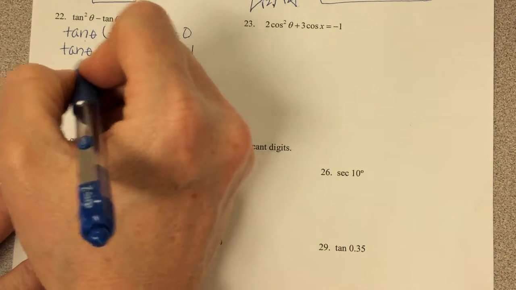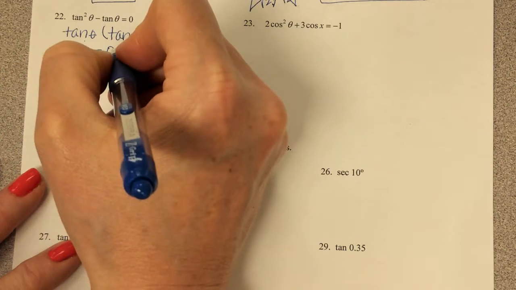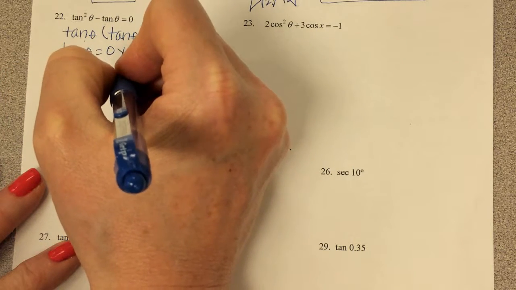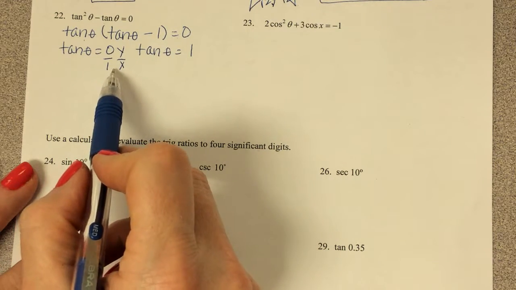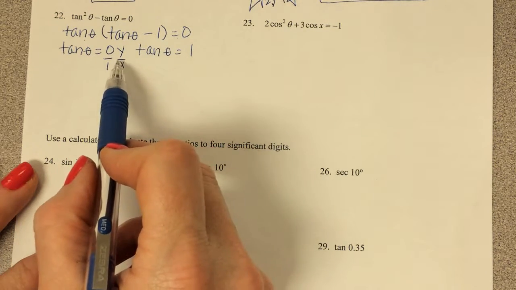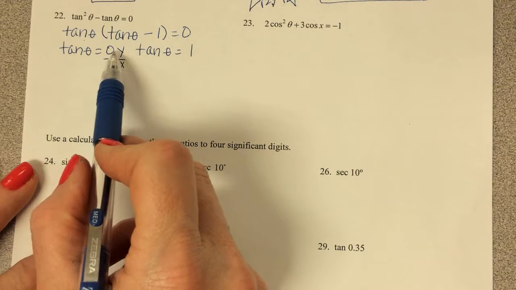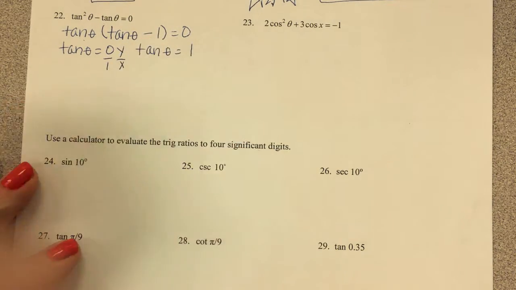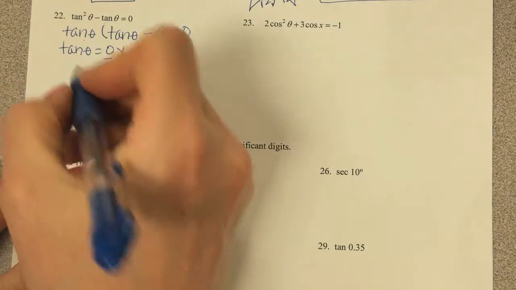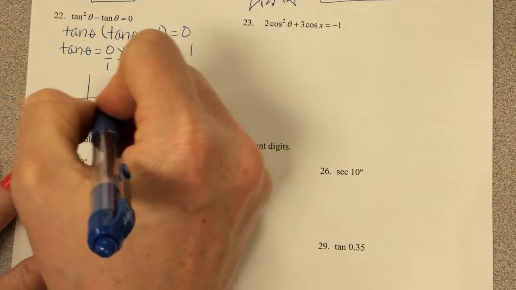All right, so then looking at this, tangent is going to be y over x. Now this is a little bit tricky, and so is this. This is going to be saying, where is it that y is 0 and x is 1? What kind of a picture are we going to have? Is that going to be a triangle, or is that going to be on an axis? On an axis, which is called quadrantal.